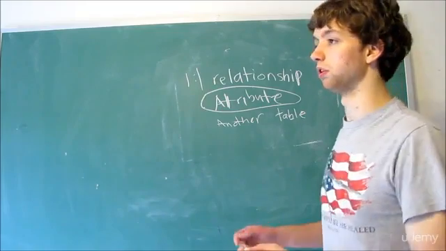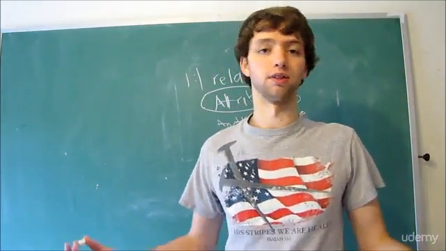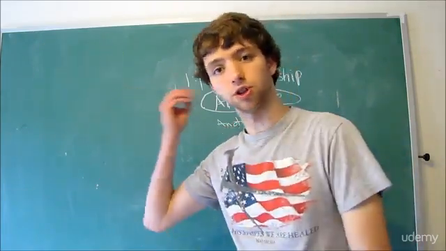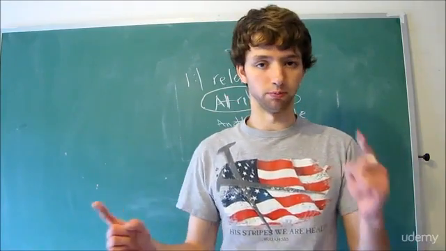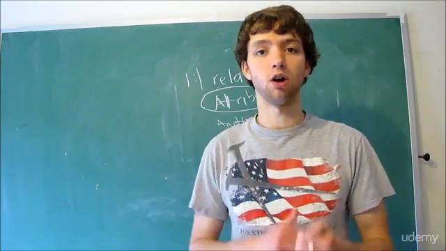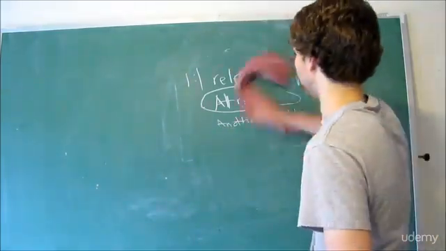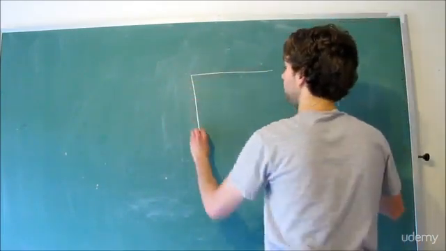So if you have a one-to-one relationship between something, you have a connection. Let's say it's a dating website. The user is in a relationship with another user. That's a one-to-one relationship. We could just have that as a column within our user table. So we could have the user table.